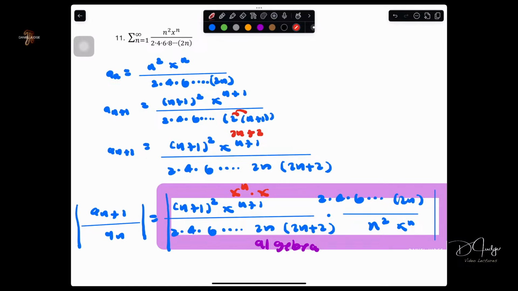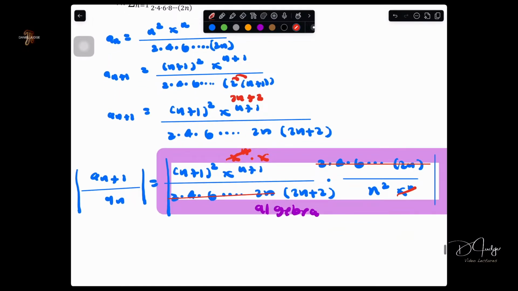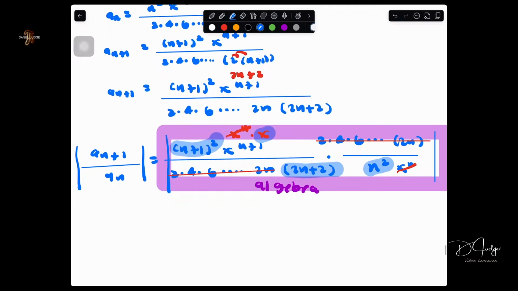So, ladies and gentlemen, let's get rid of the x to the n here. And believe it or not, this 2 times 4 times 6, all the way up to 2n, this will cancel as well. That's why we wrote it down the way we did. So if we're very careful now, we can go back and see. We got an n plus 1 squared term. We got the x term. We got a 2n plus 2, and we got an n squared term. All right. Not as bad as it looks.